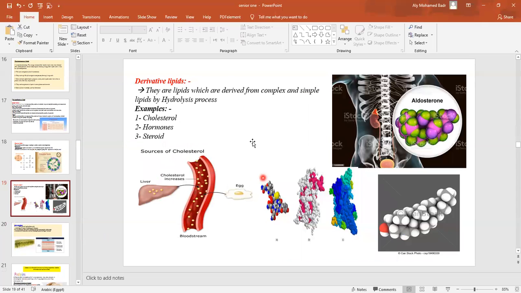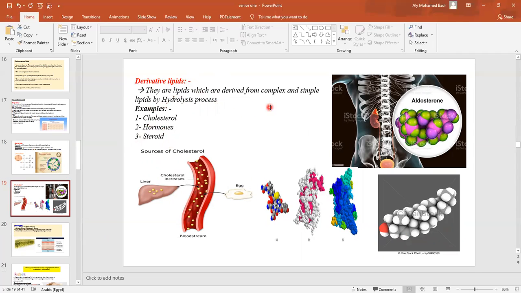The other type of lipid is derivative lipids. They are lipids derived from complex and simple lipids by the hydrolysis process. Examples are cholesterol, hormones, and steroids.